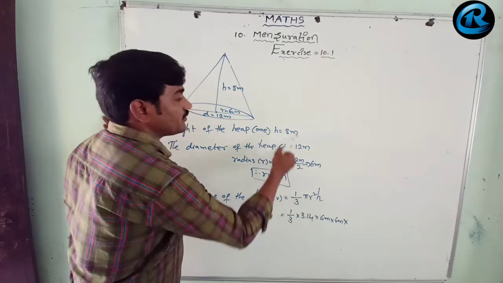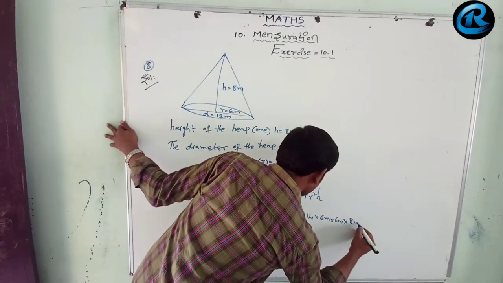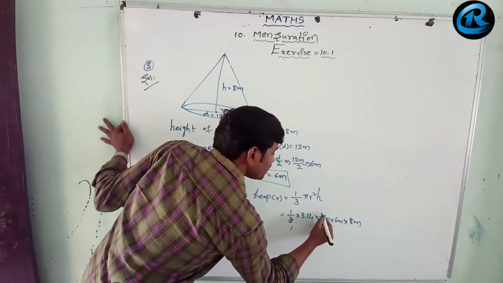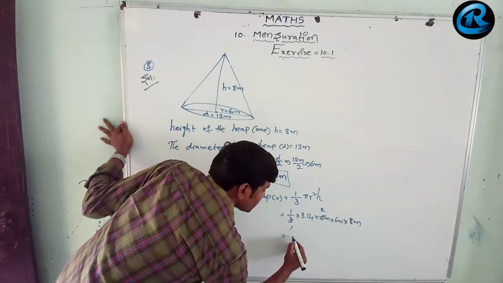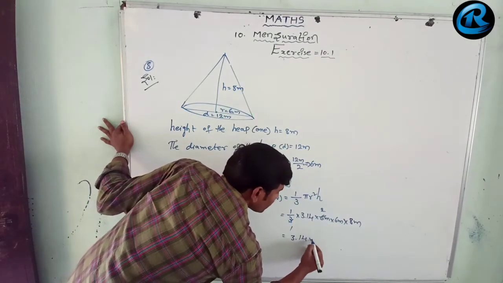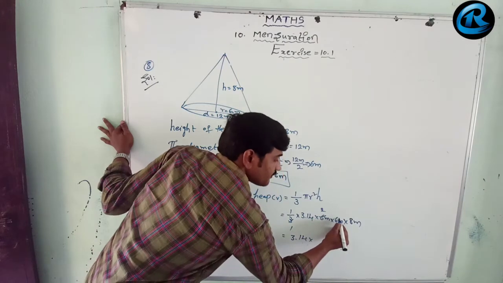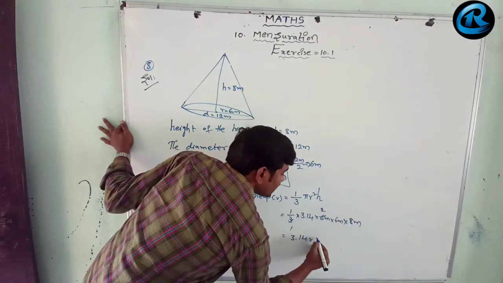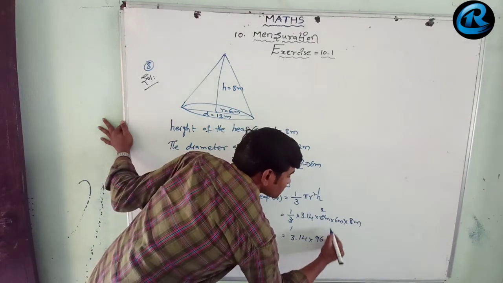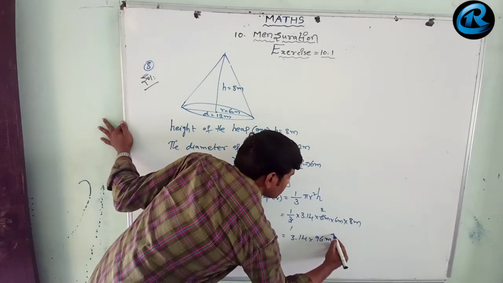Okay, h value is 8 meters. Here 3 ones are 3, 2 twos are 4. The easy things I will cancel here. 3.14 into 2 into 6, 12. 12 into 8, 96. Meter into meter into meter, that is meter cube.